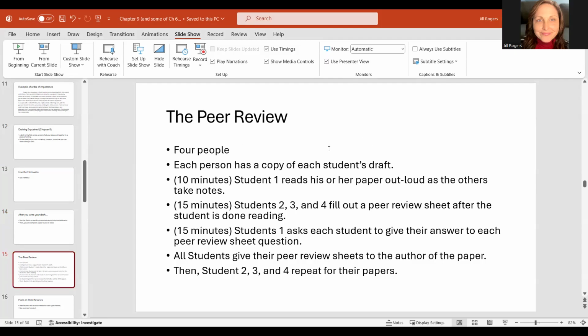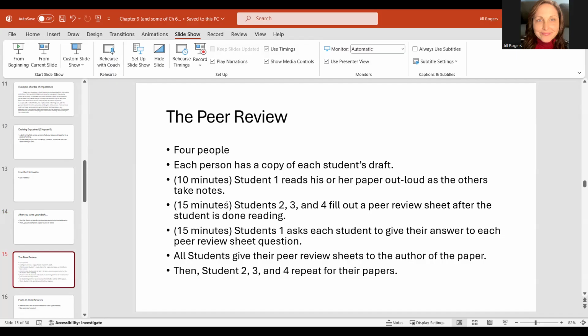Okay. The peer review is for people. You bring your copy of your draft to school, or if we're doing this online, it'll be a little bit different, but it's only in the online class. Just so you know what a peer review is, it works a little differently online. I will tell you about it later, but in person, it is 4 people. Each person has a copy of the student's draft. For 10 minutes, student 1 reads his or her paper out loud as the others take notes. Then for 15 minutes, everyone is quiet and people fill out a peer review sheet. Okay, 15 minutes.